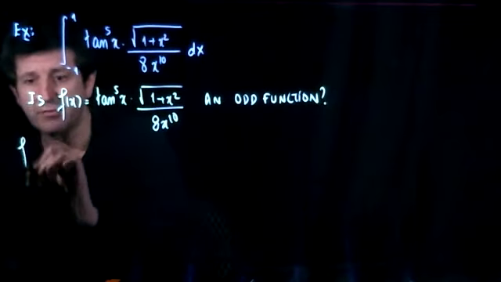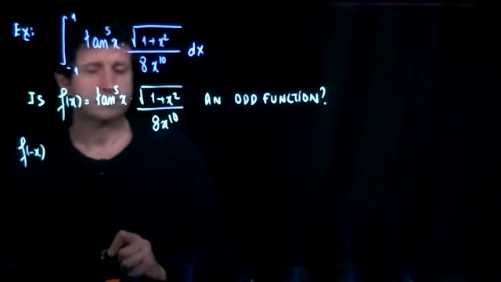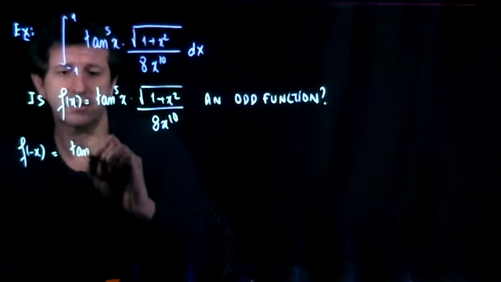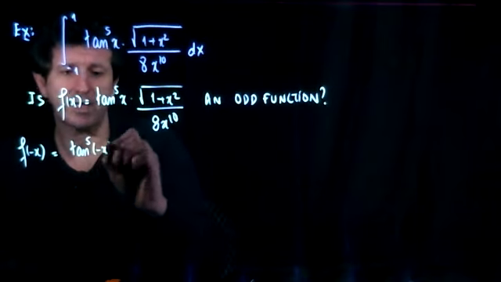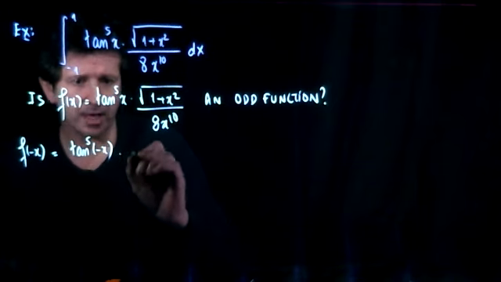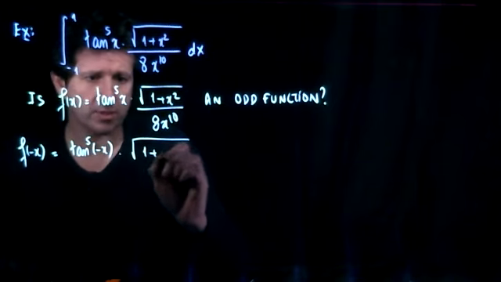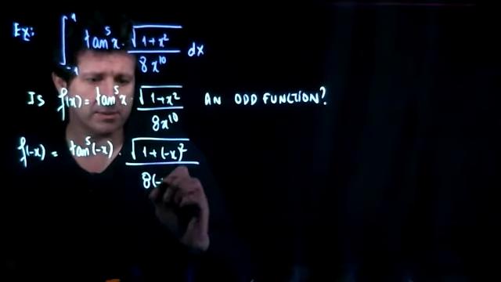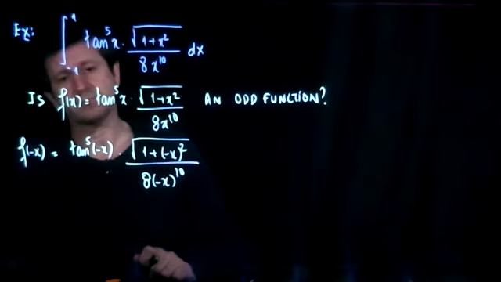So let's find what f of minus x is. So f of minus x is tangent to the 5 of negative x times square root of 1 plus negative x squared over 8 times negative x to the power of 10.